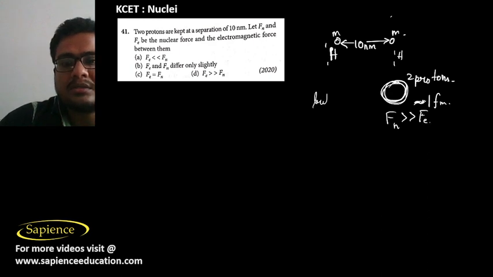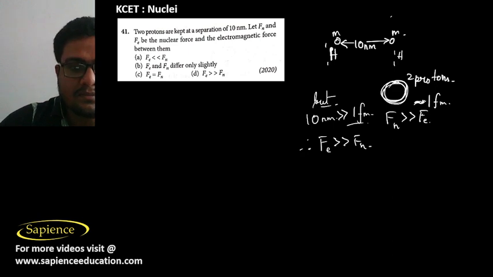But here the separation is 10 nanometer, which is much greater than the nuclear range, which is 1 Fermi. Therefore, here the nuclear force will not act. Here the electromagnetic force will be much greater than the nuclear force. Option D is the correct answer.